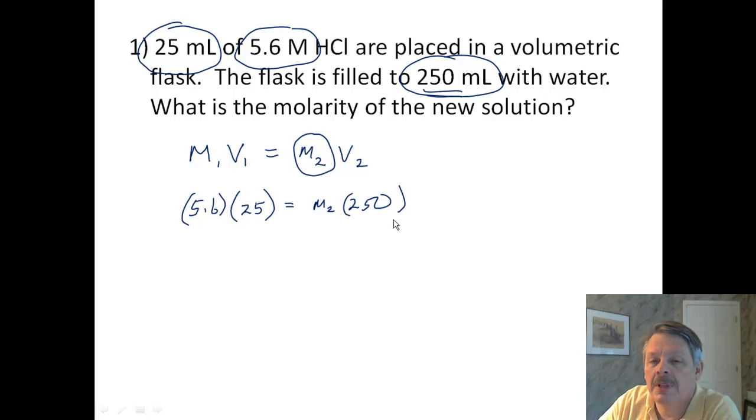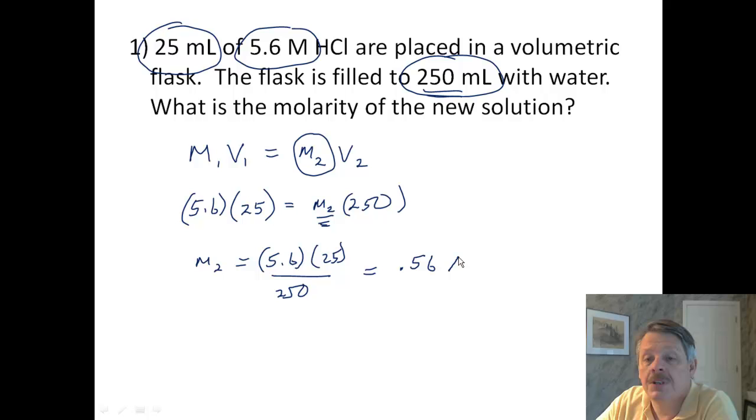So we're multiplying that by 250. We need to solve for M2, so we divide both sides by 250. We get 5.6 times 25 divided by 250. The 25s cancel, so this is 5.6 divided by 10, or 0.56, which is the molarity of our new solution.